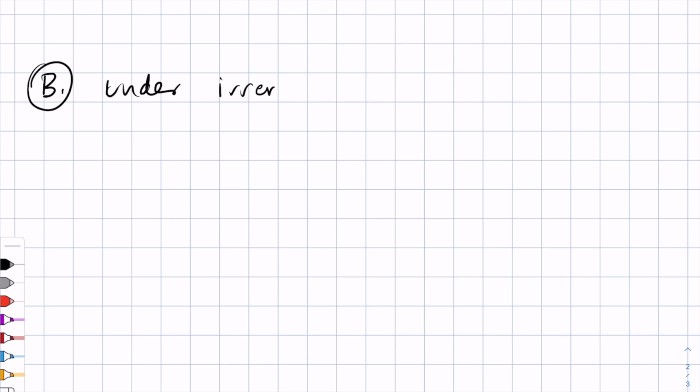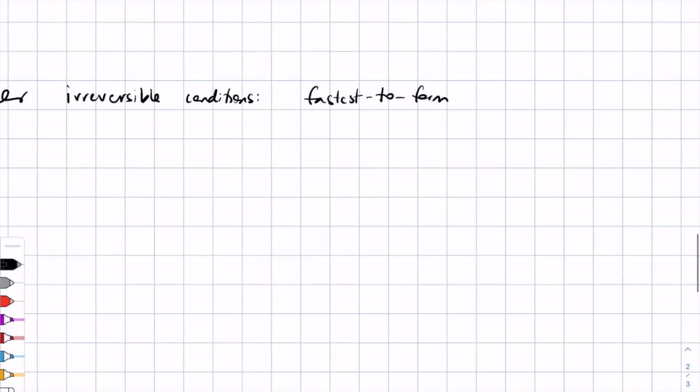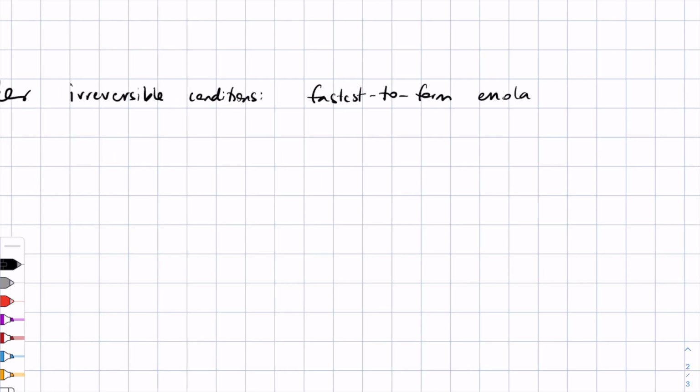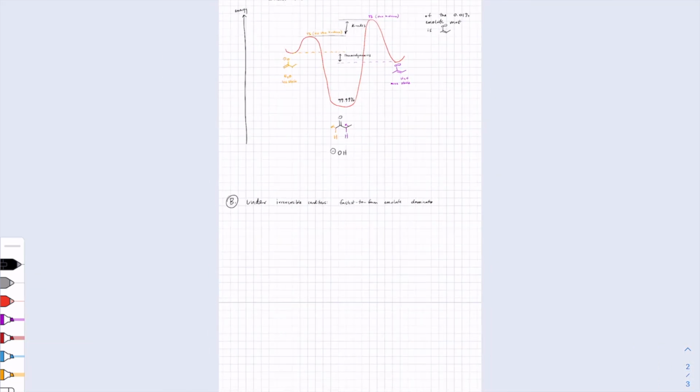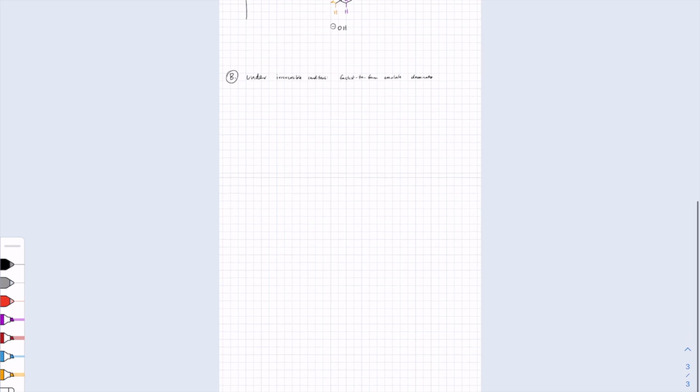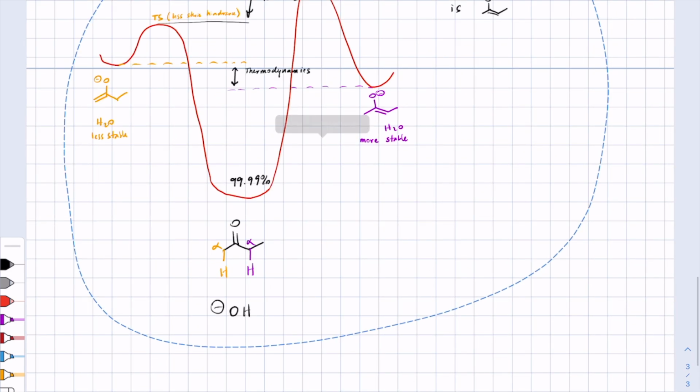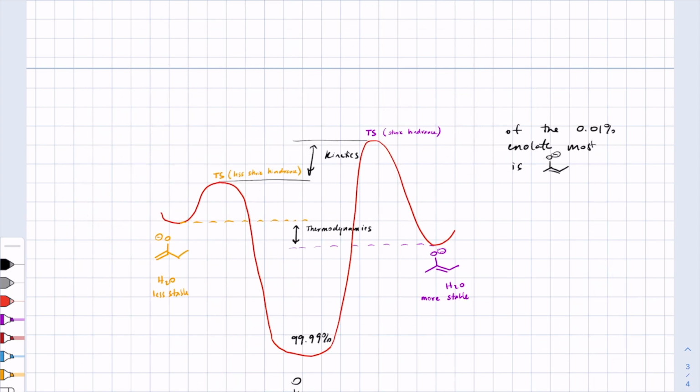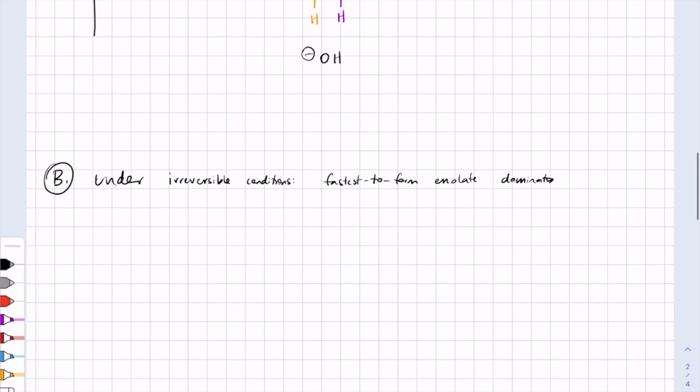Under irreversible conditions, the fastest to form enolate dominates. Okay. So how does changing the base, basically we're doing this by using a base that's so basic that as soon as the enolate forms, you're done. How's that going to change our energy landscape?